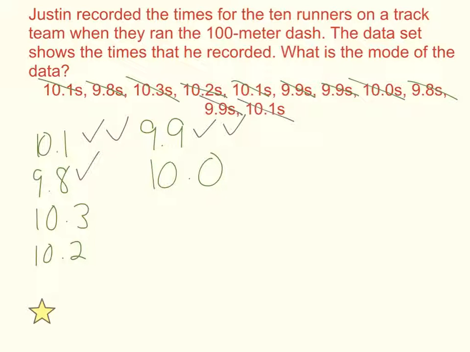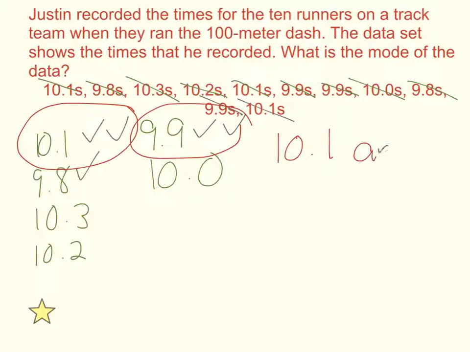So as we can see from the data and the tick marks that we did, there are two numbers that have the most check marks, 10.1 and 9.9. So since we had two numbers with the most repeating numbers in the set, we can see that there are two modes.